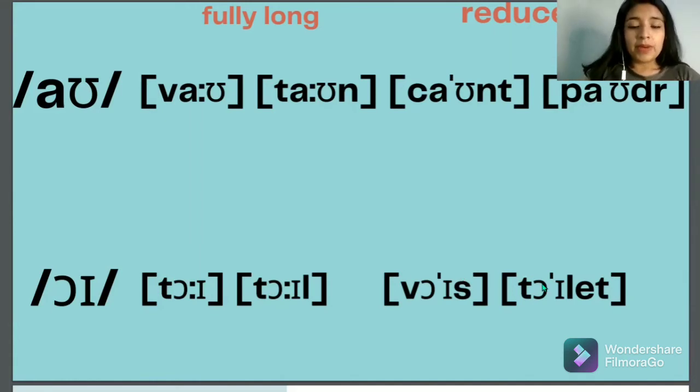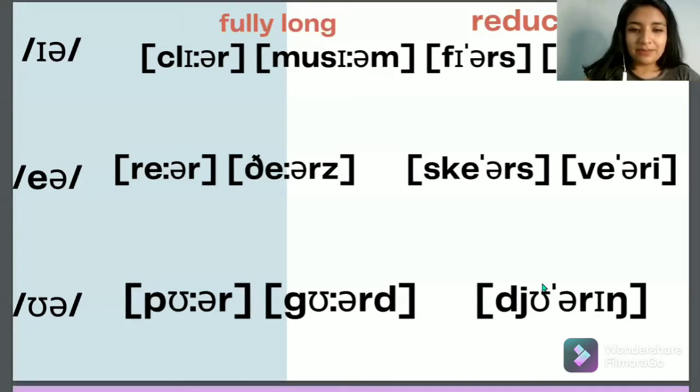Okay, we are going to see the last three. So we have the diphthong that is ear. This is centering. In this case, the fully long examples could be clear and also missing.